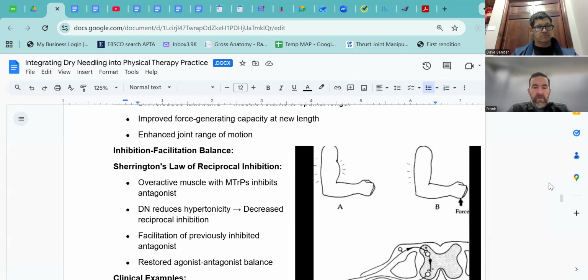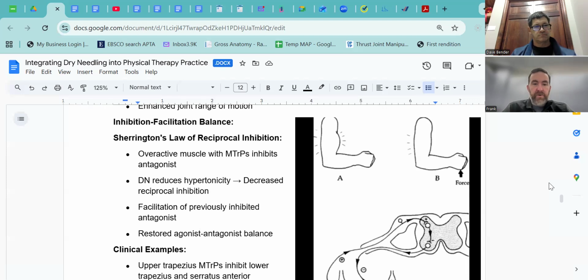So going back to PT school, thinking about Sherrington's law of reciprocal inhibition, we have this inhibition facilitation balance. So overactive muscles with myofascial trigger points are going to inhibit the antagonist. So, say you have a trigger point in the tricep, well, the bicep's going to be inhibited at that point because the tricep is firing all the time.